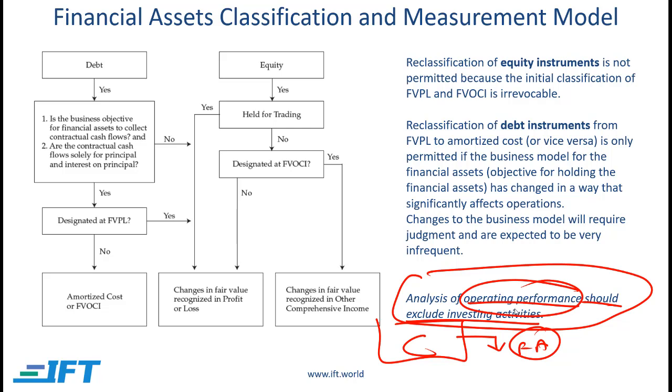And just to hammer in this point, let's say a company is Microsoft, which is in the business of making software and offering software-related services. If Microsoft has made investments in some companies, the performance of these investments does not tell us anything about the operating performance of Microsoft. So when evaluating the operating performance of Microsoft, we should not consider the performance of the financial assets.